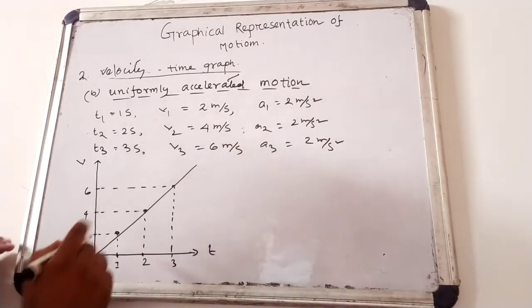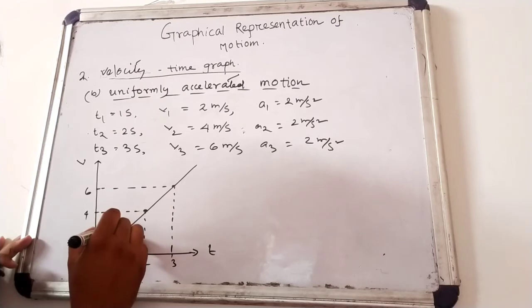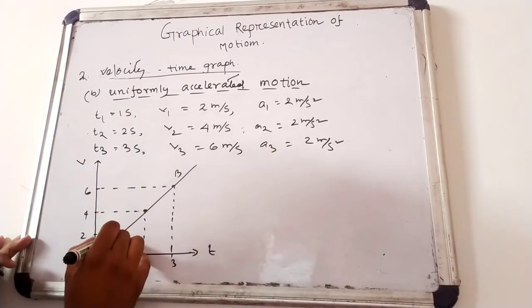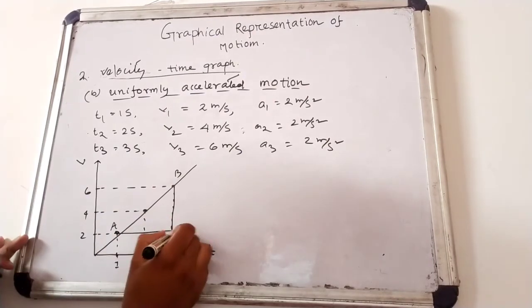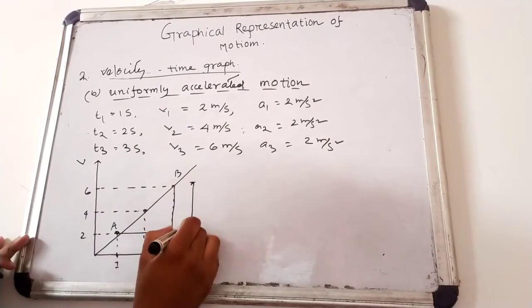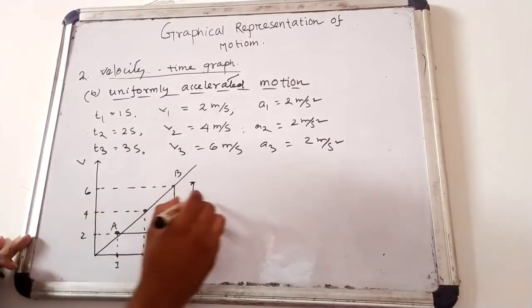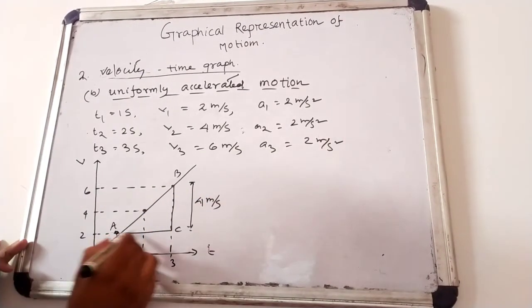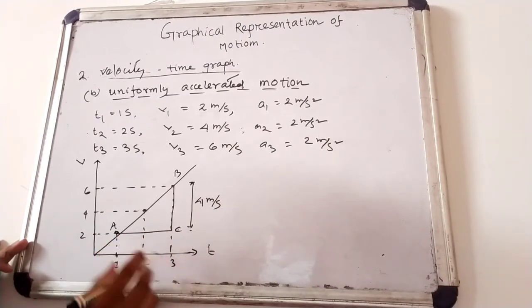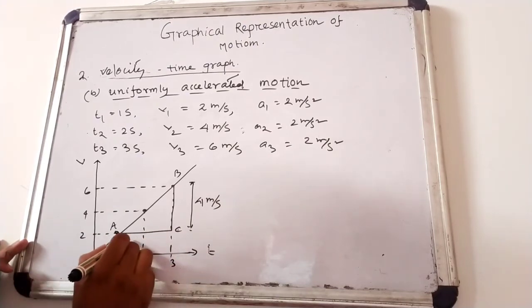So here also the same procedure: just take two coordinates A and B, then make a triangle. See, then this portion will be how much? 6 minus 2, 4 meter per second, and from A to C this timing is 3 minus 1, 2 seconds.